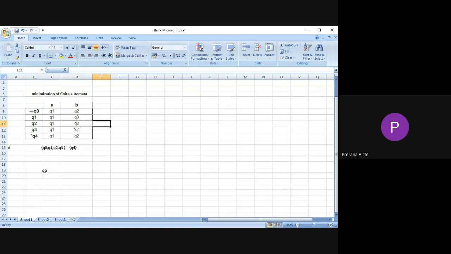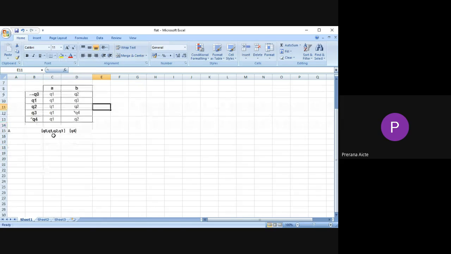Next, we have to find the equivalence among the non-final states. So we need to find the equivalence between Q0 and Q1, Q0 and Q2, and Q0 and Q3.